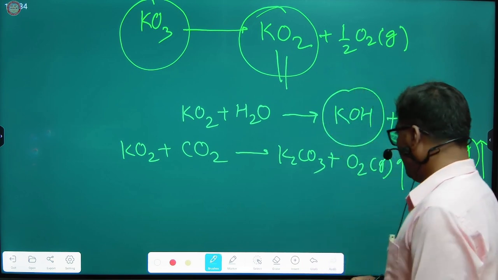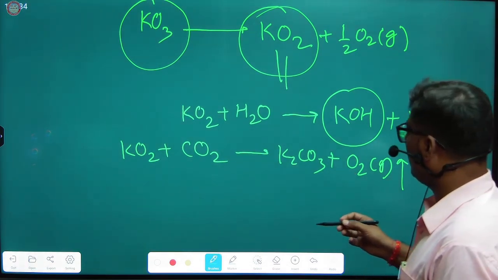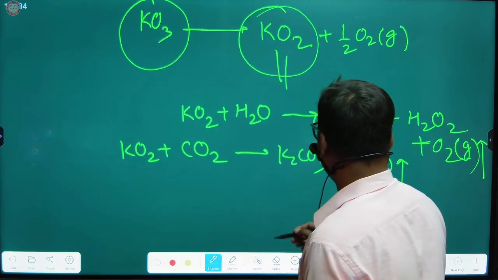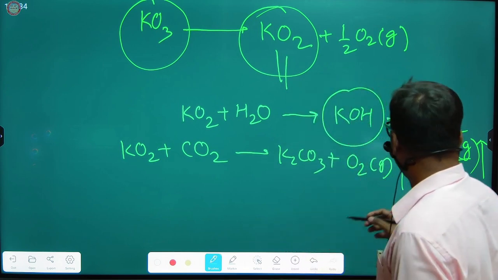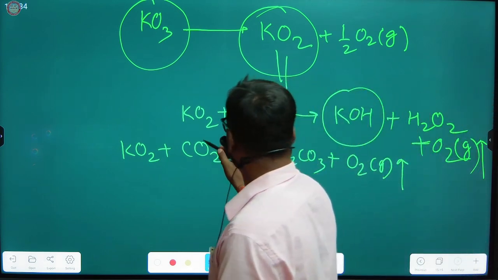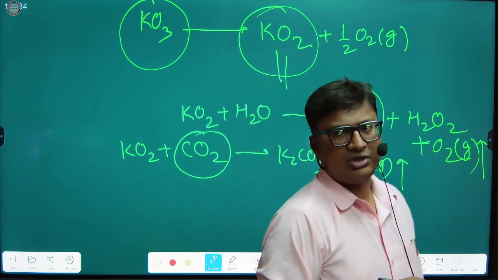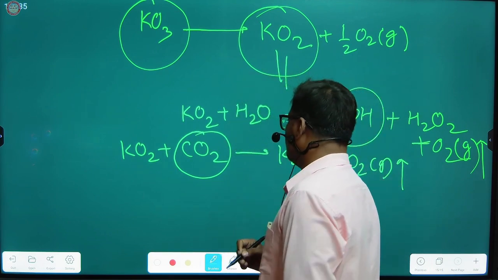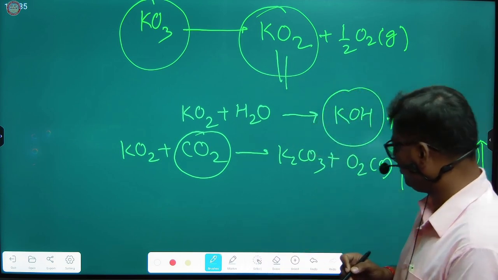So it is actually used as a compound to maintain the sustainability of human lives on the earth, because it acts as a regenerator of oxygen and also as a remover of carbon dioxide, right? So carbon dioxide from the atmosphere can be removed through absorption by this superoxide. It means superoxides can absorb CO2 and remove it from the atmosphere by releasing oxygen gas.